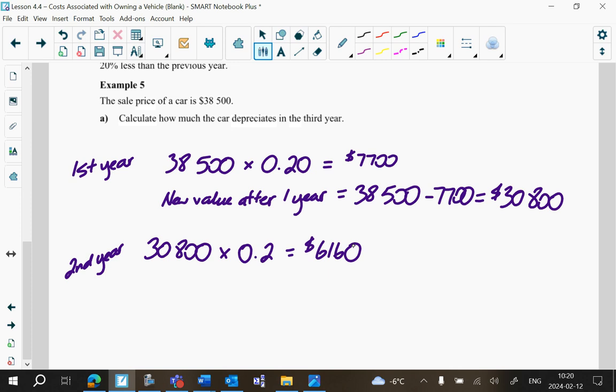To find the value after year 2, I take the value at the beginning of year 2, which was 30,800, minus how much it depreciated during year 2, and I get a value of $24,640.